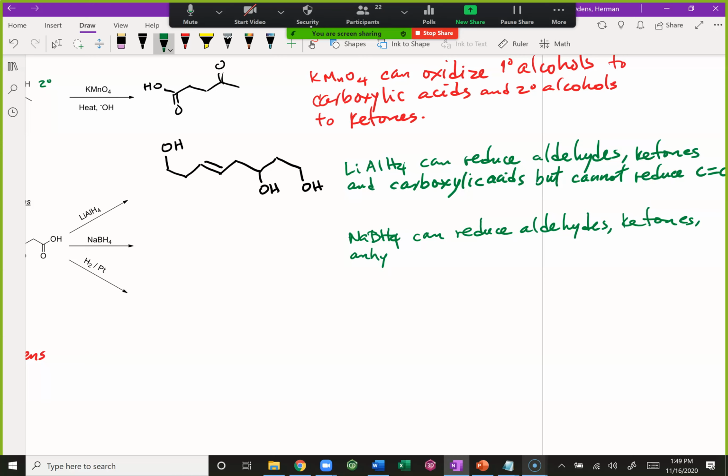We haven't seen much of that. And acyl chlorides. Remember this for next semester though. But it does not reduce carboxylic acids or double bonds.